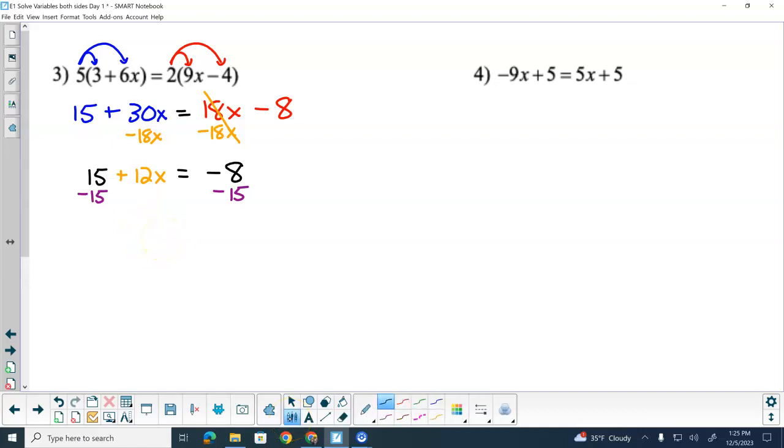I'm going to get here 12x equaling negative 23. Then I'm going to divide by 12. X gives me negative 23 over 12.